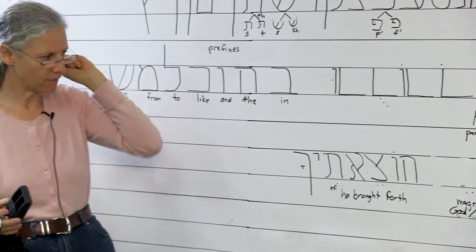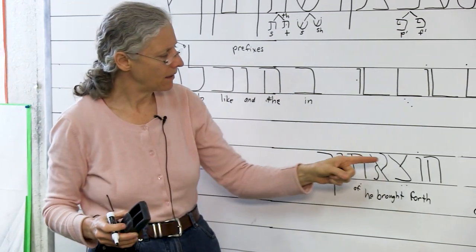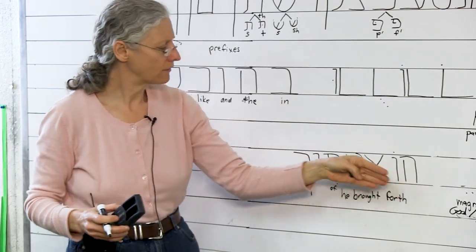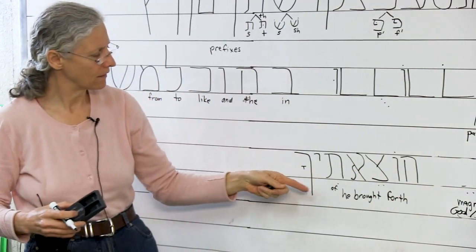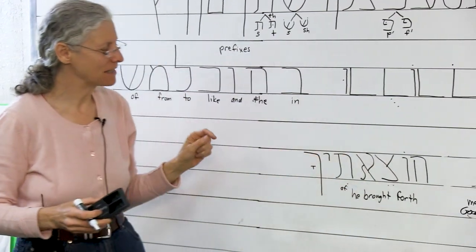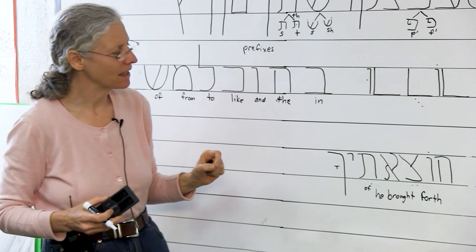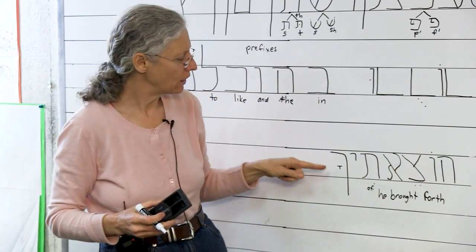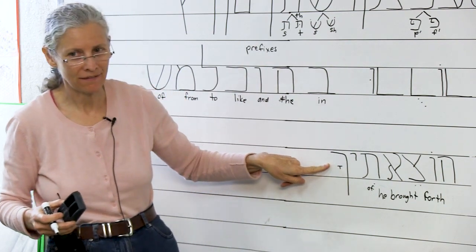We're going to learn a few suffixes today. But more like reflexive, he, God, brought you forth. Okay, this is a very loaded word. It has many, many different layers of meaning, but basically it means God who brought you personally forth.